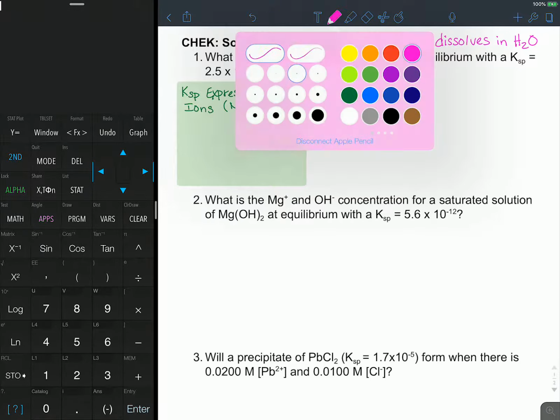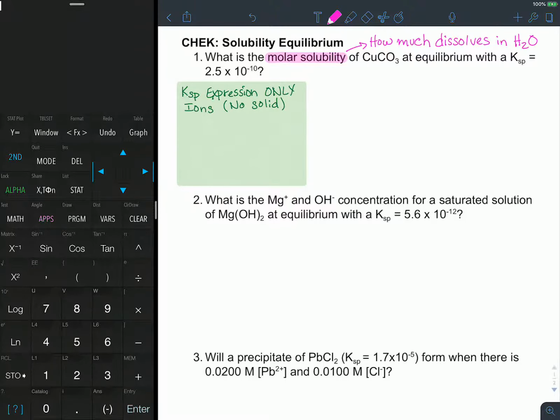If we go back to what's happening here, this solid CuCO3 in water is going to form an equilibrium, and a very small amount of it will dissolve. In water we're going to have Cu2+ aqueous plus CO3 2- aqueous, and this is the equilibrium situation.